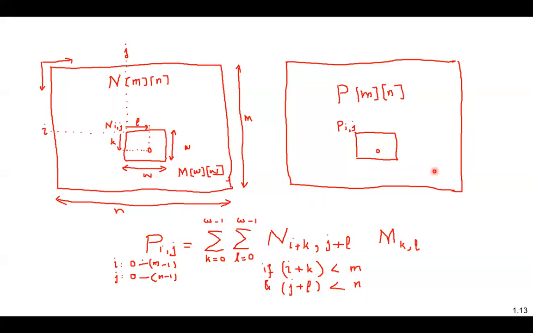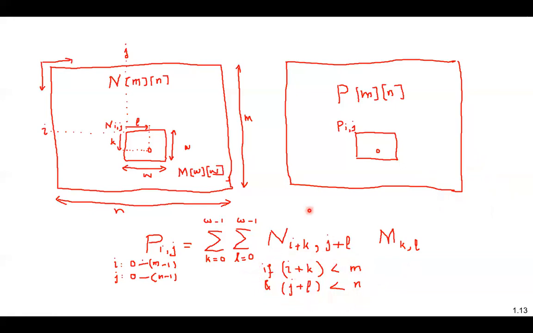Similarly, when you put your mask here, it will go out in this area. So for this lower area, the condition is that i plus k should be less than m, and for that area j plus l should be less than n. So wherever you put the mask, to handle the ghost cells, this is the condition.